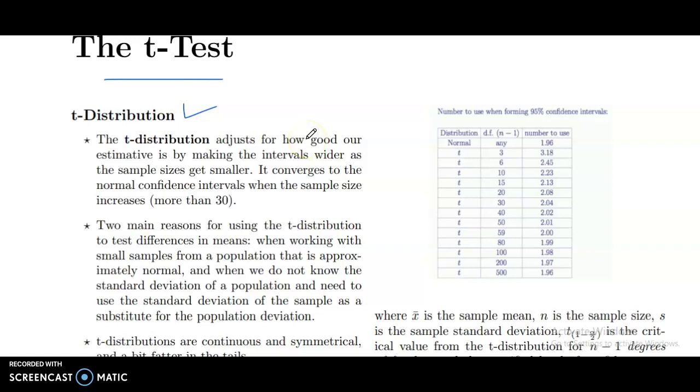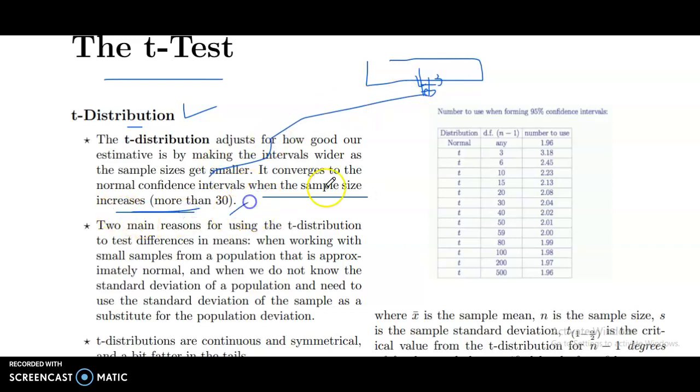It converges to the normal confidence intervals when the sample size increases to more than 30.